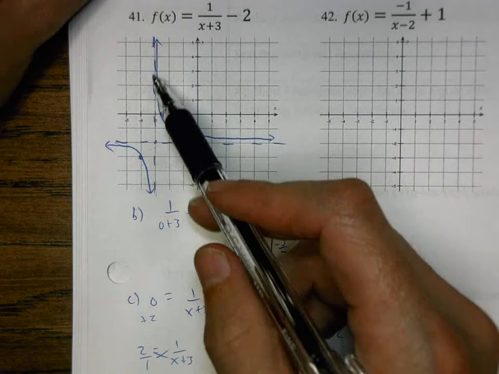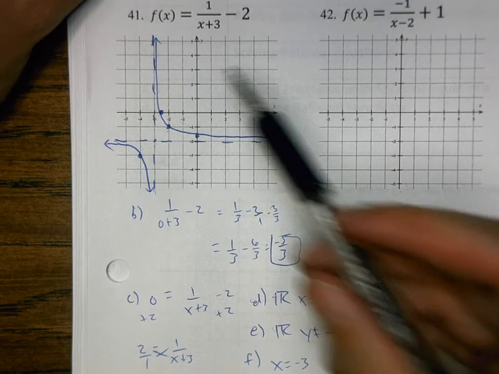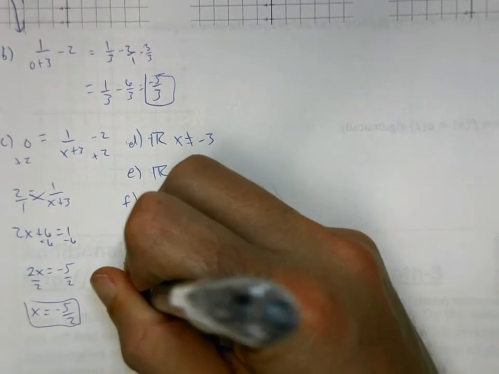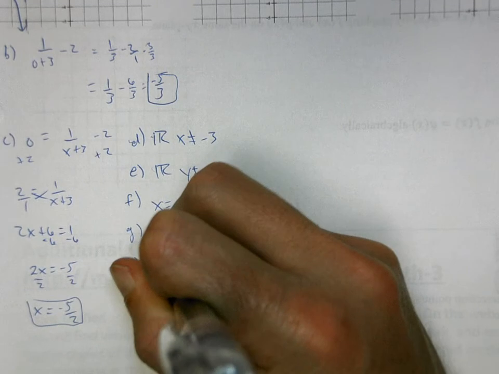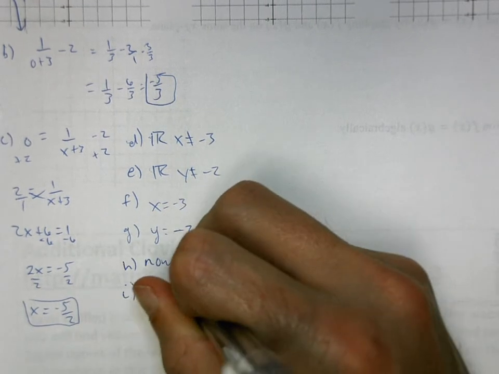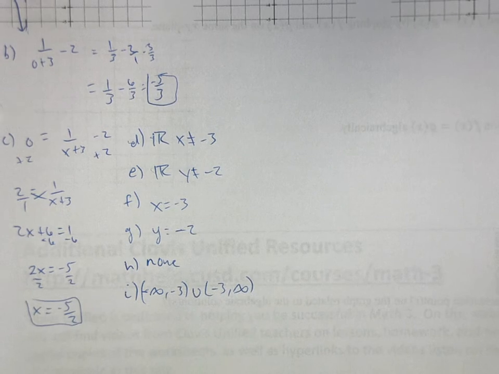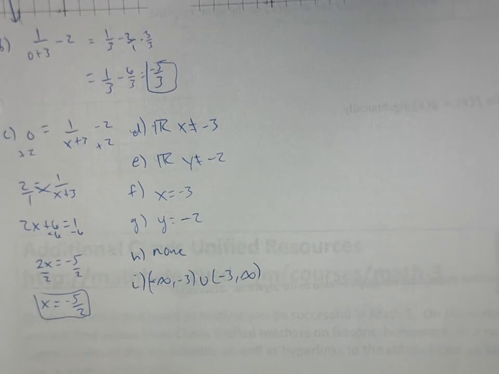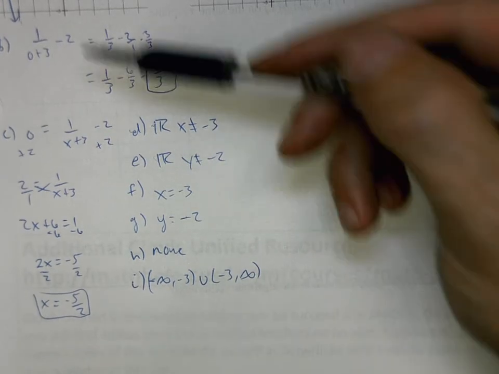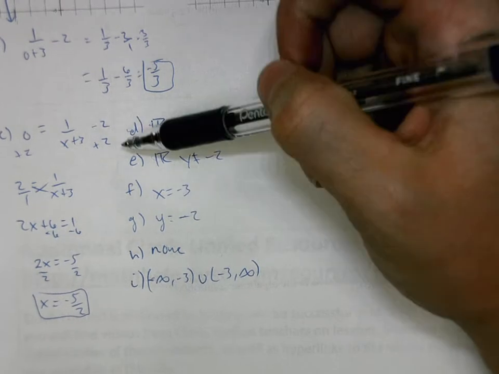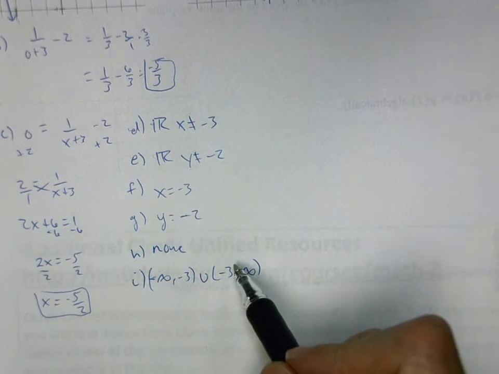So it decreases from negative infinity to negative 3 and from negative 3 to positive infinity. You have to break it up. You can't say from negative infinity to infinity because at negative 3 you don't have a graph. You got to make sure you split them up. Okay, it will always look like this with your vertical asymptote being right here.